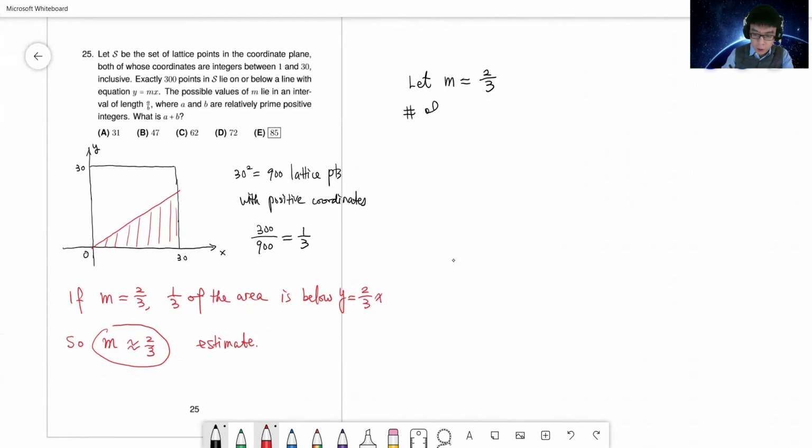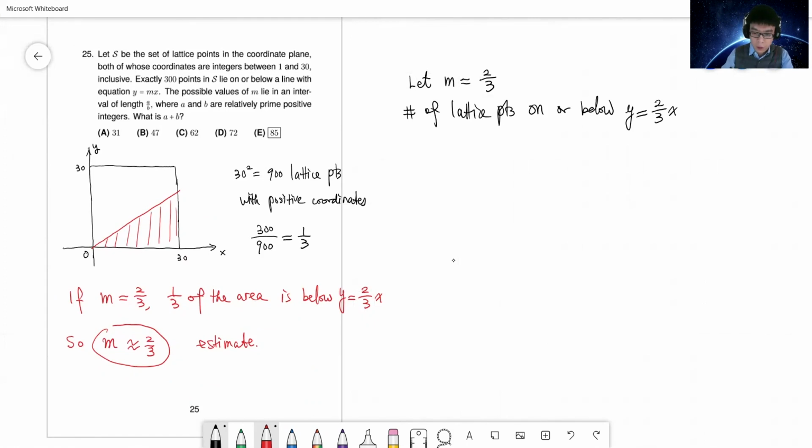The number of lattice points on or below the line y equals 2/3 x is, so we consider x values from 1 to 30.